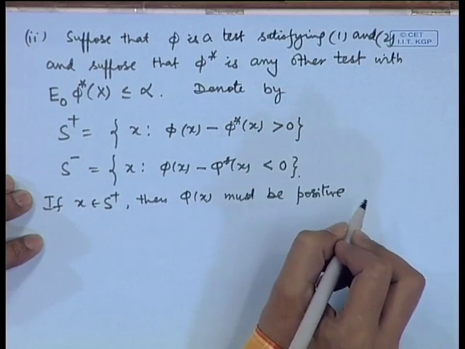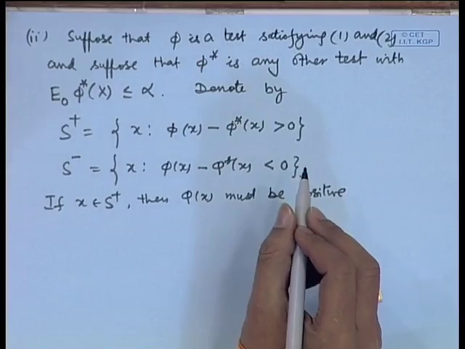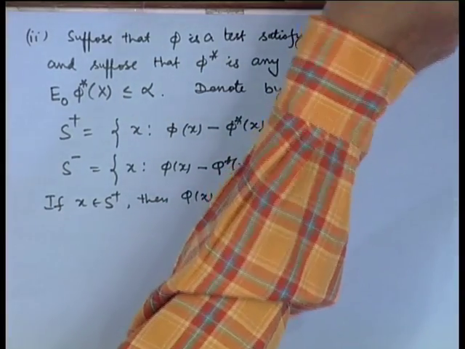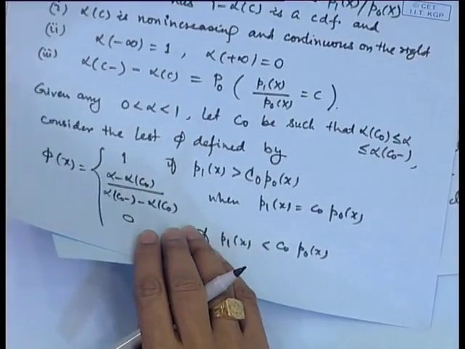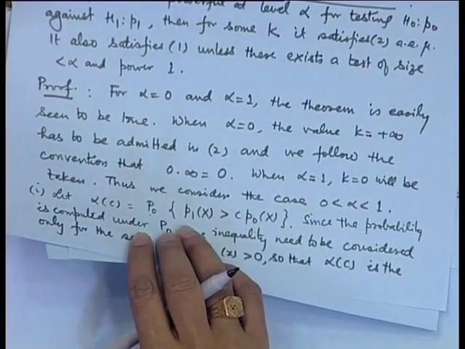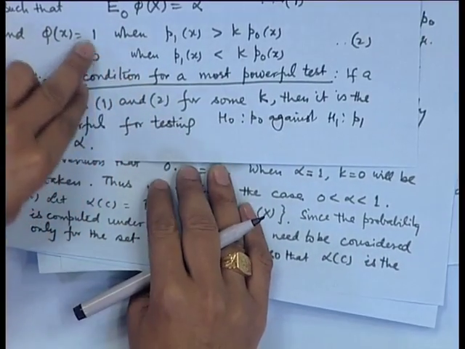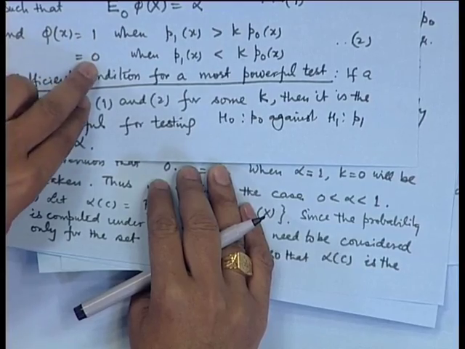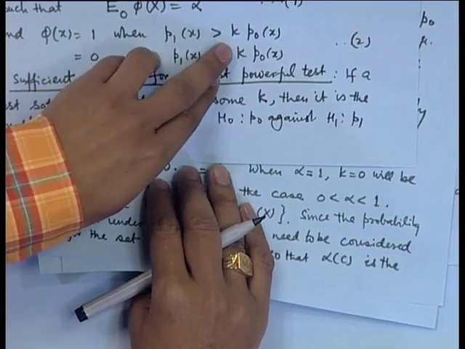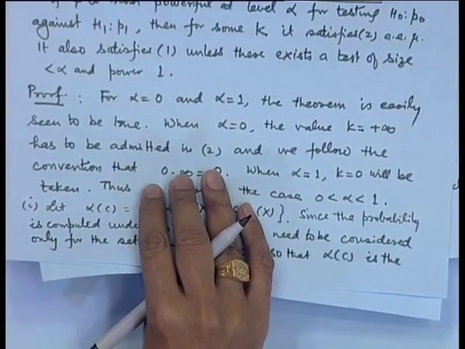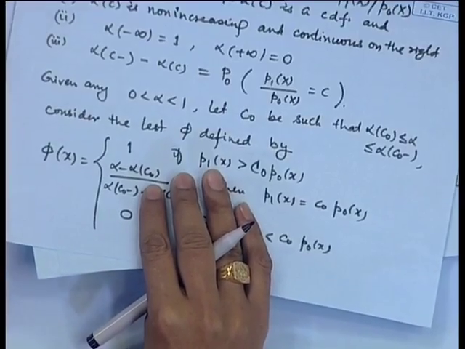Now, if it is positive, then the way we have defined our test function here, if you remember the definition of the test function, if it is 0 then only it is less, that means in other cases it has to be greater than or equal to.